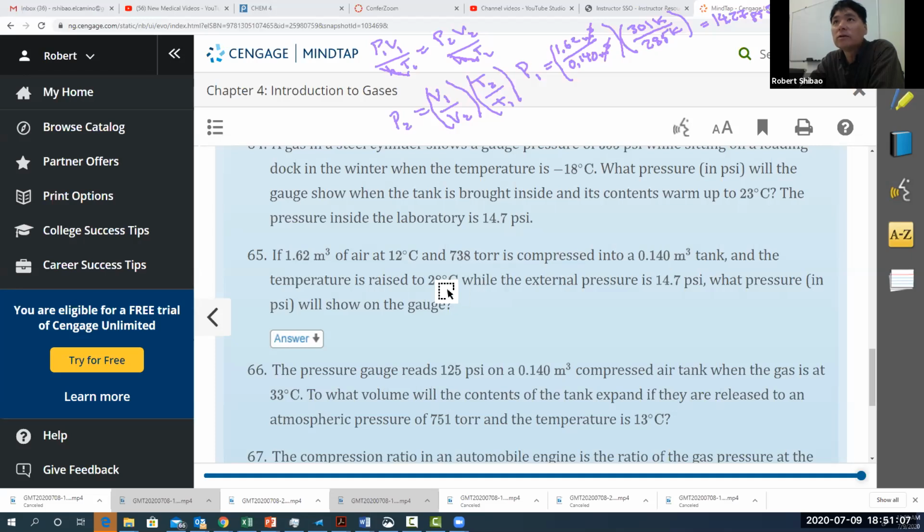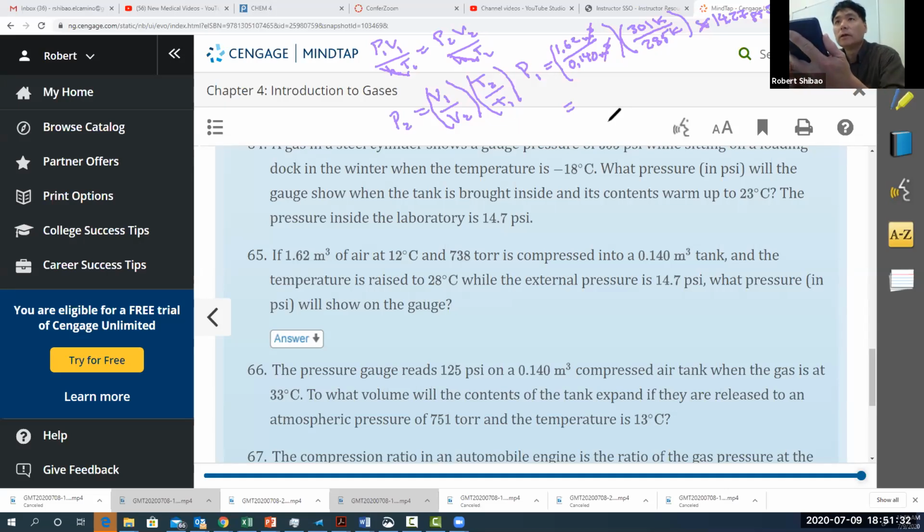Oops, what am I doing here? I'm supposed to be multiplying it, not equals. So let me change that here. This is supposed to be times P1. And so P2 is equal to what?